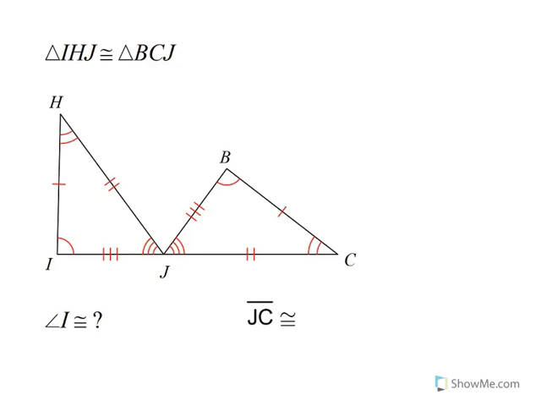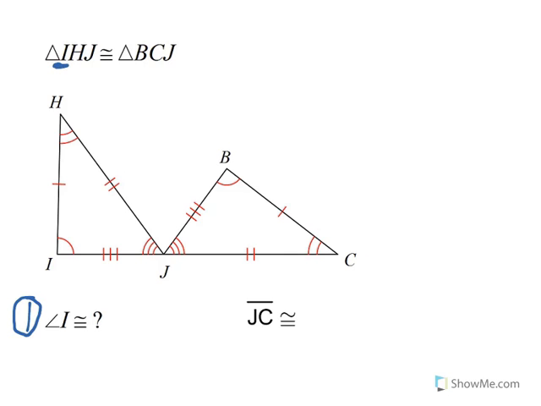So we have a triangle congruent statement saying that triangle IHJ is congruent to triangle BCJ. Down at the bottom, I want to know which angle would be congruent to angle I. There's two ways that you could look at this. You could look at the congruent statement and see that angle I is in the first spot.